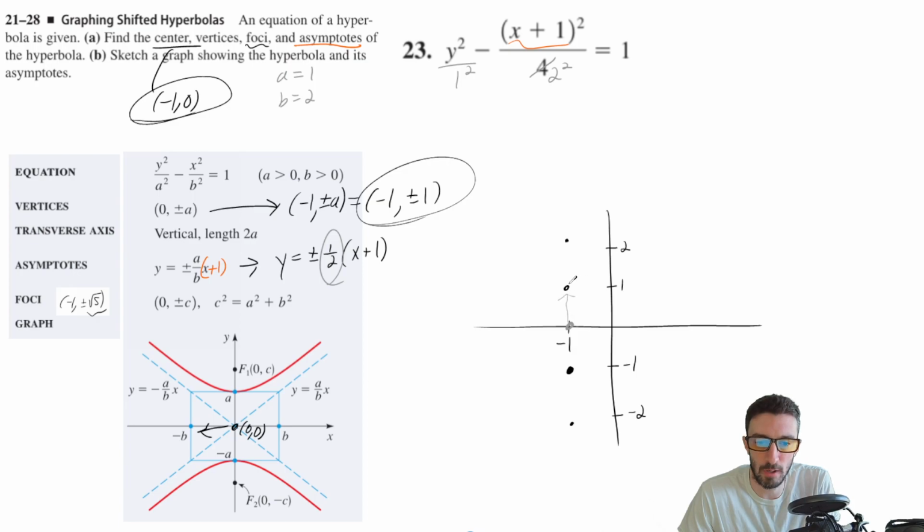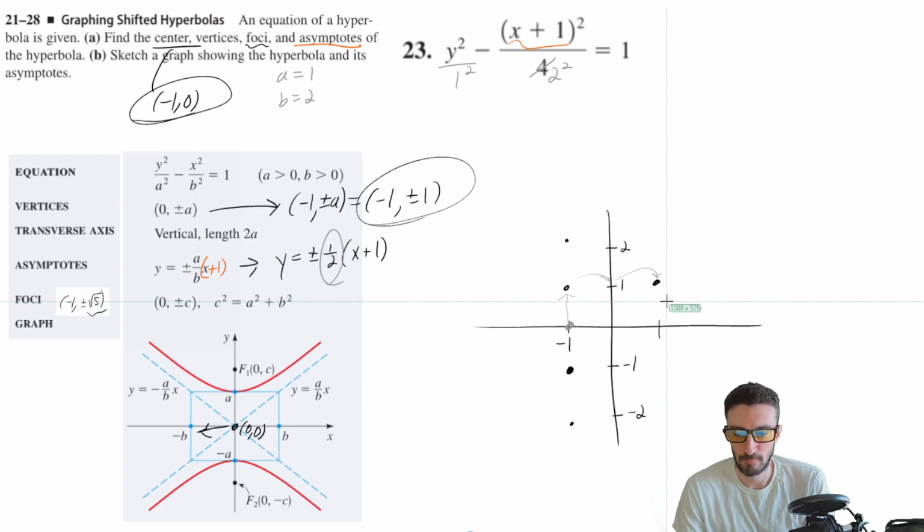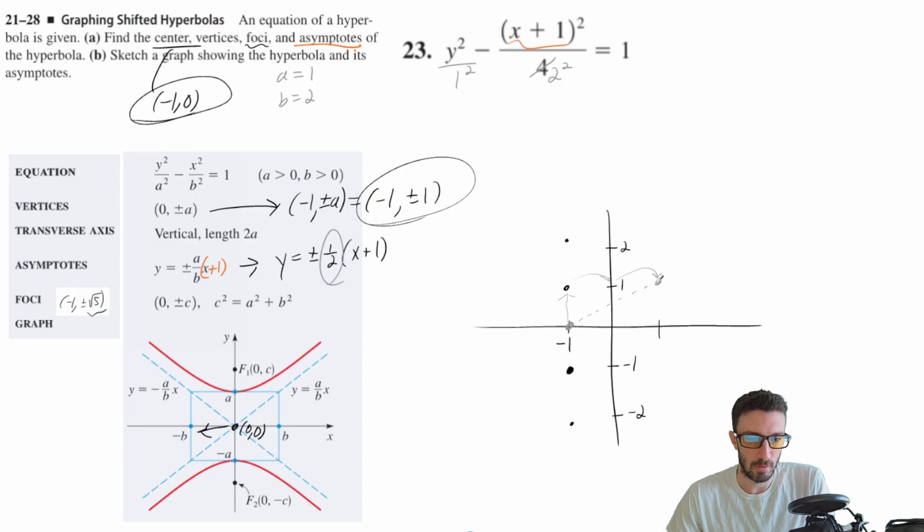So if I go up 1 over 2, then that means I would have another point right there. Now, that point is just for the asymptote. So I'll just make a dotted line right there. And then it's plus or minus 1 over 2. So the other asymptote would have to be over here.